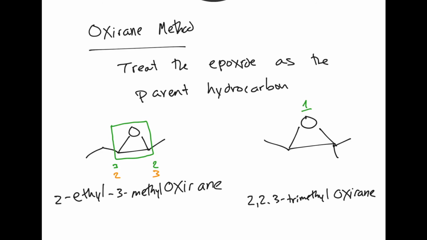The one thing I will say is, if you have a ring, always use the epoxy way, because I can't tell you how to name it if you try to name it as an oxirane.